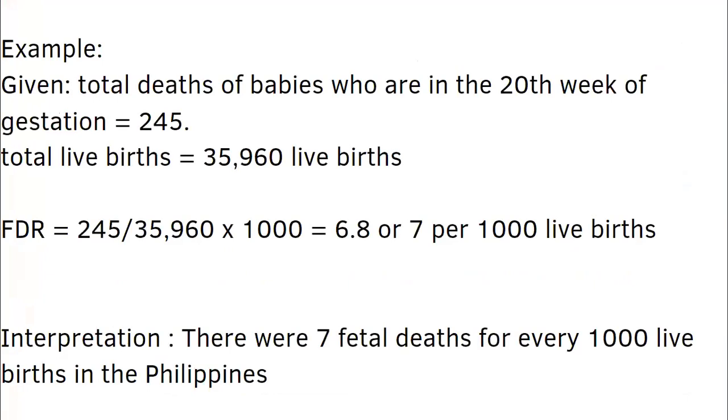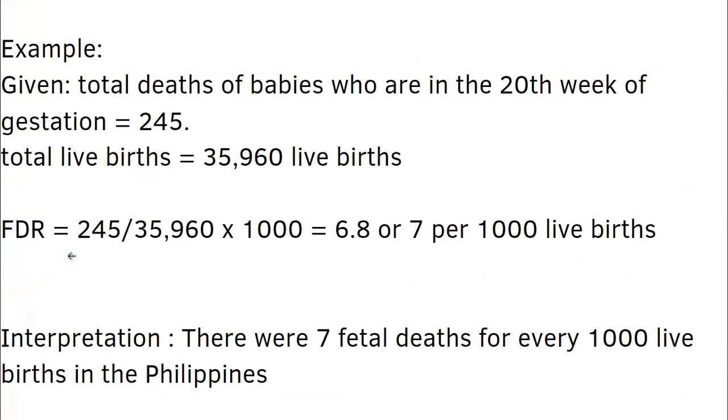Okay, for example, the total number of deaths of babies in the 20th week of gestation is 245, and the total number of live births on that same year is 35,960. So we calculate the fetal death rate, or fetal mortality rate.